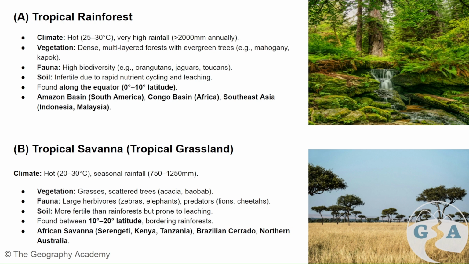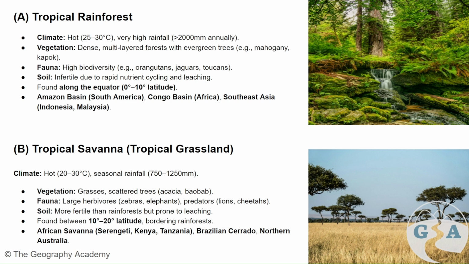Tropical savanna, then, tropical grassland, has a bigger temperature range than tropical rainforest, so we can see a 20 to 30 degrees Celsius range. It has a lower amount of precipitation, but quite a range between maximum and minimum. And we can see scattered trees and grasses changing seasonally due to a change in rainfall. We can often see very large animals in these areas due to the prospect of grazing and large biomass there as well.